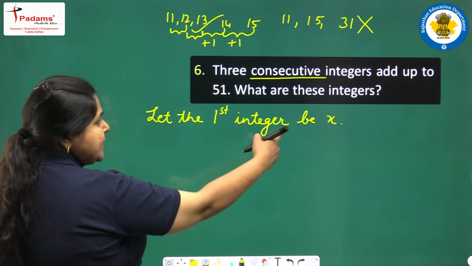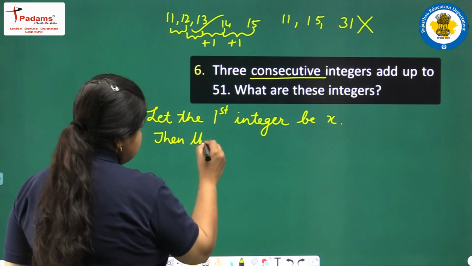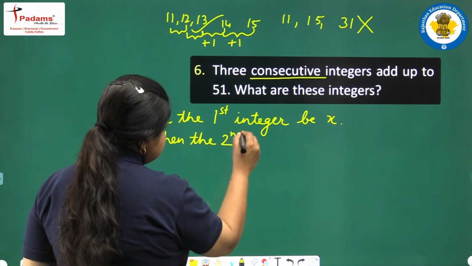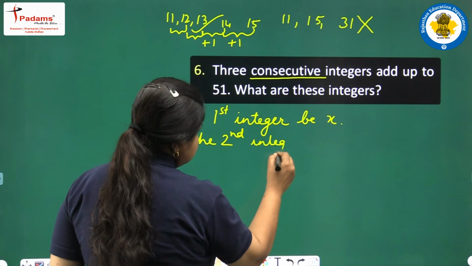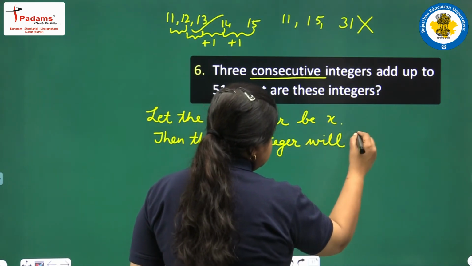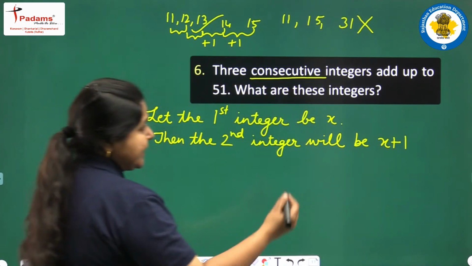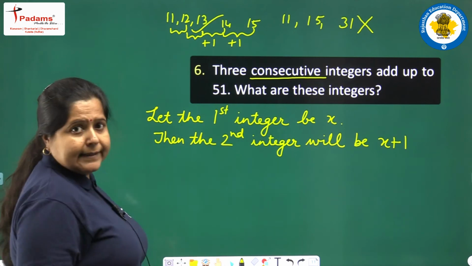So, if the first integer is x, then the second integer will be x plus 1. We get the next number by adding 1.